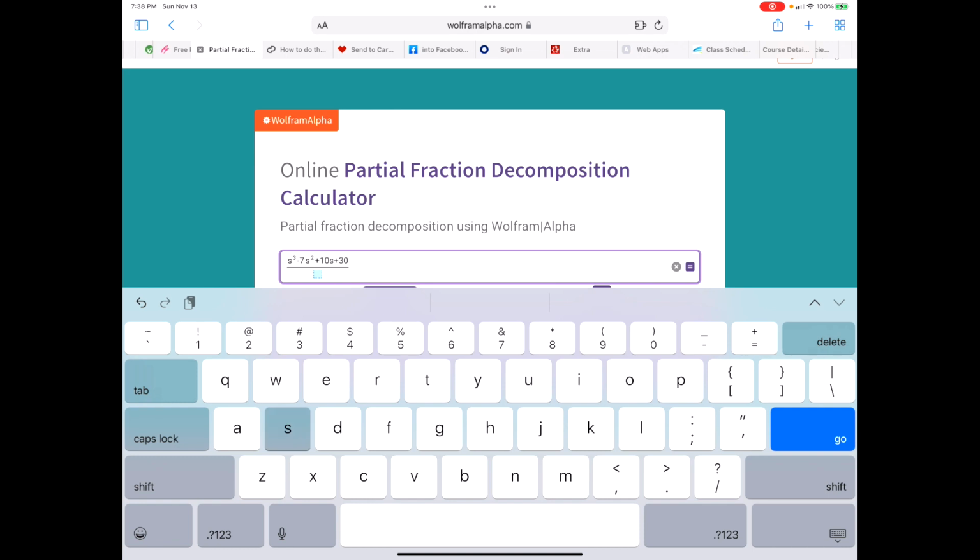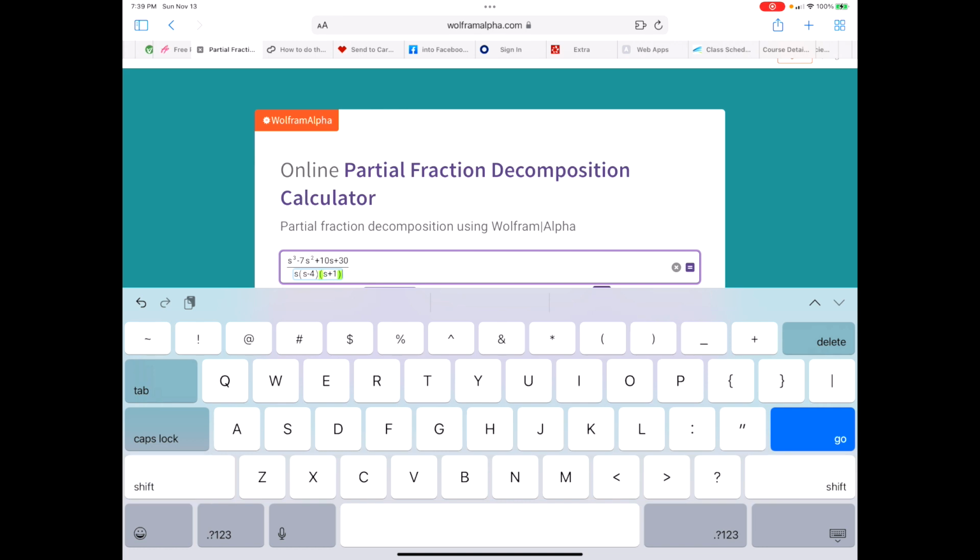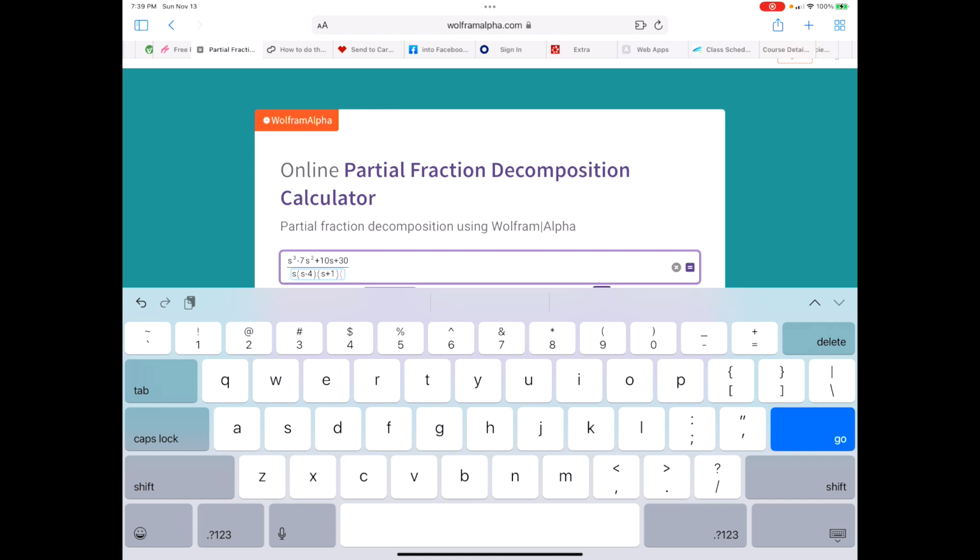I'm going to start over. We have an s. We have an s minus 4. We have an s plus 1. We have an s minus 3. Not p. All right, let me see. S minus 4, s plus 1, s minus 3, and an s. Perfect.